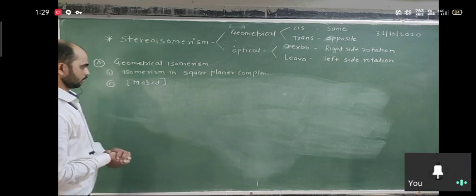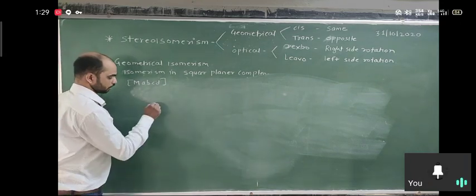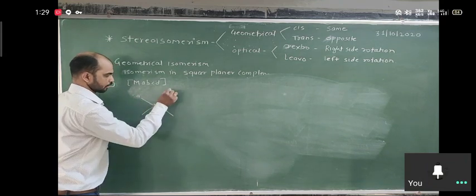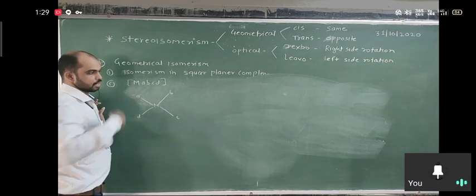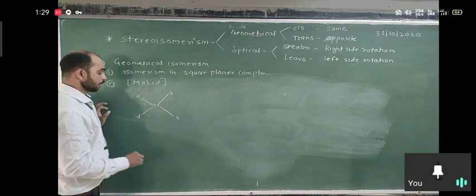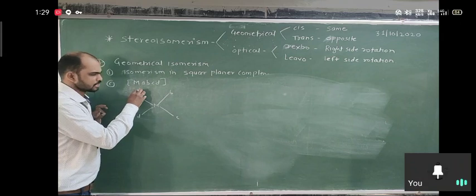How is it possible? So how do we draw the structures? First of all, you draw the first structure, A, B, C and D. If you want another representation, how is it possible? At that time you can hold the position of the first ligand and just rotate the positions of the remaining three.